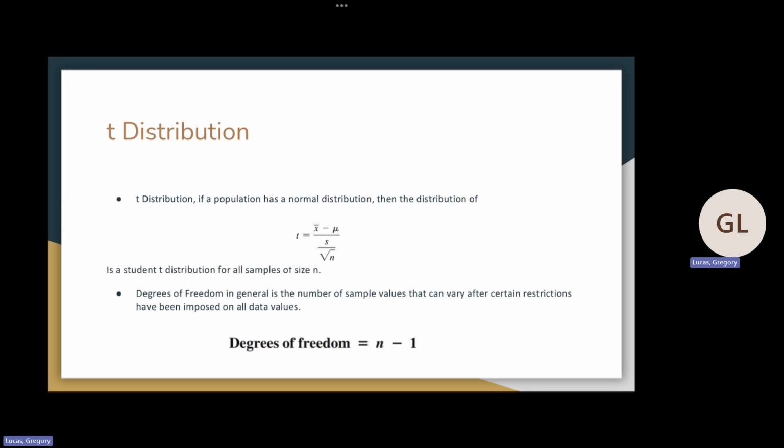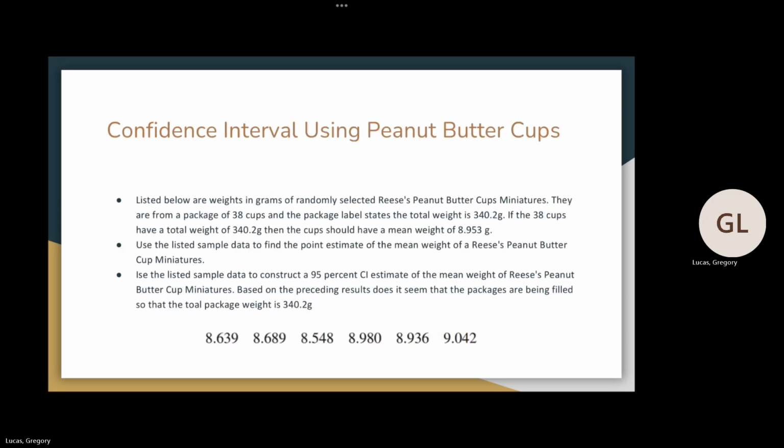And this is a student t-distribution for all sample sizes of n. We use a t-distribution when we're using our means. We also need to understand degrees of freedom, which will make sense when we see our chart. For degrees of freedom, we'll use n minus 1. But we're going to put a pause on that until we get to the chart for this example.